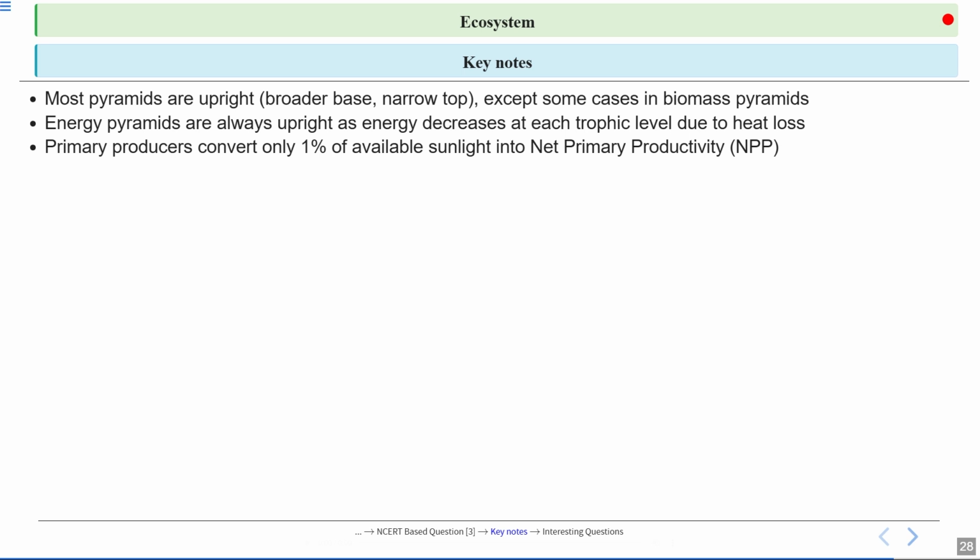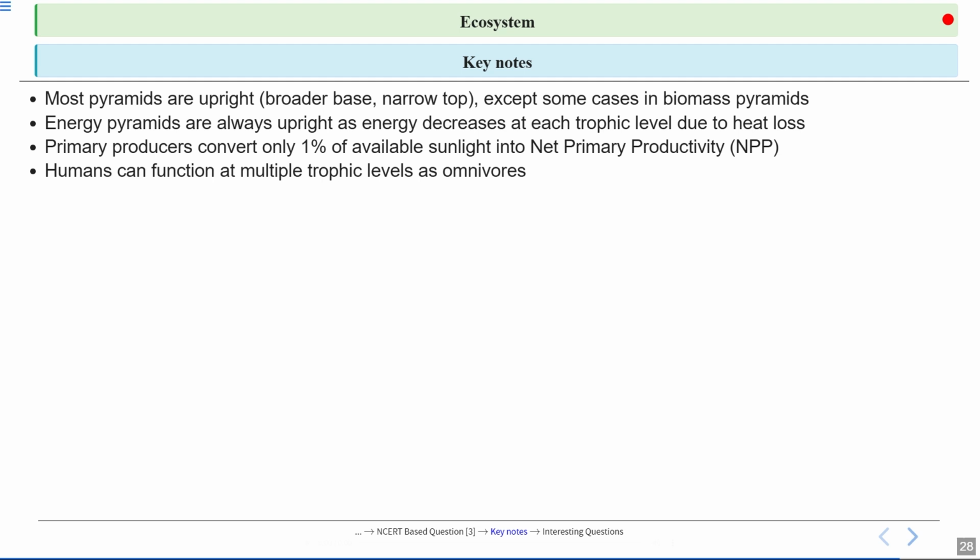Now, primary producers convert only 1% of the available sunlight into net primary productivity. So this is a fact. Now, omnivores, which are humans, so humans are omnivores, do not fit into a single trophic level, so they occupy multiple trophic levels.